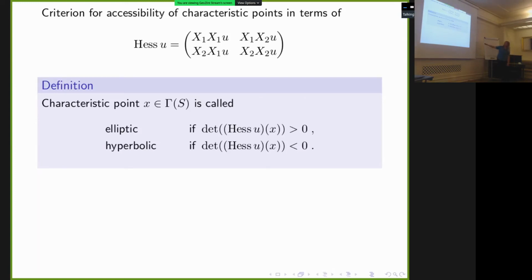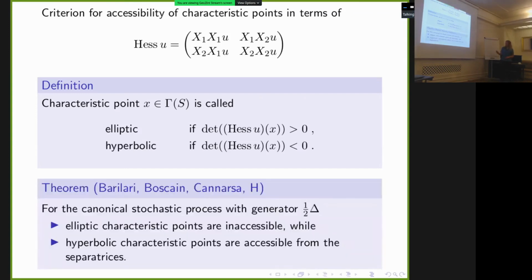There's something called an elliptic characteristic point and a hyperbolic characteristic point in this 2-dimensional picture, where elliptic is defined as the determinant of the Hessian at the characteristic point being positive, and hyperbolic meaning that the determinant of the Hessian at the characteristic point is negative. I'll show some pictures on the last slide.